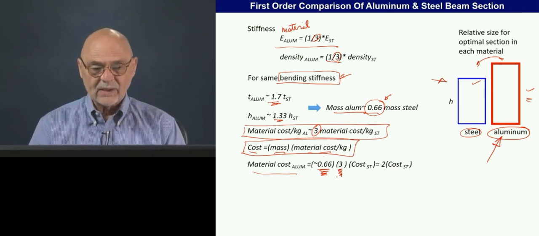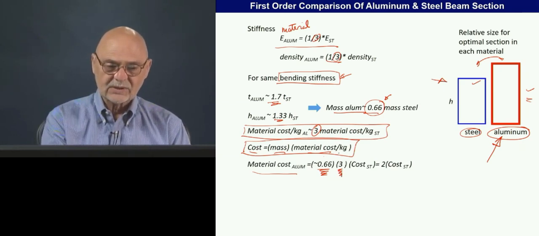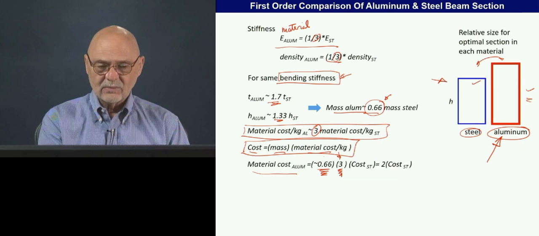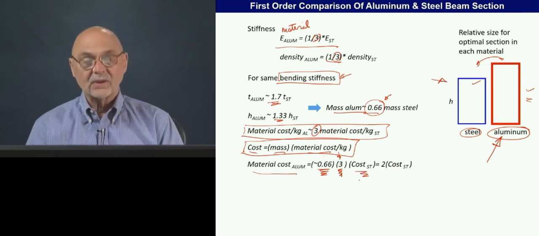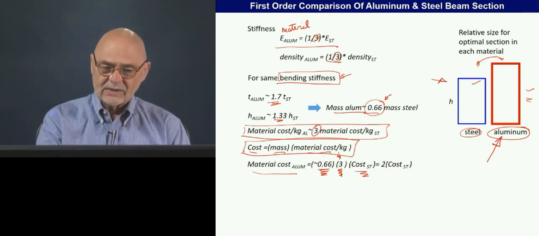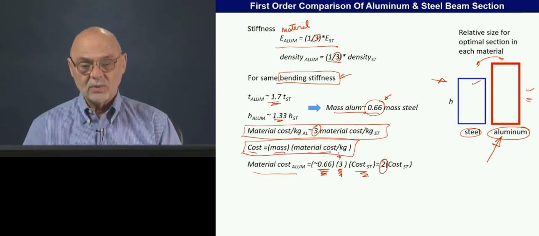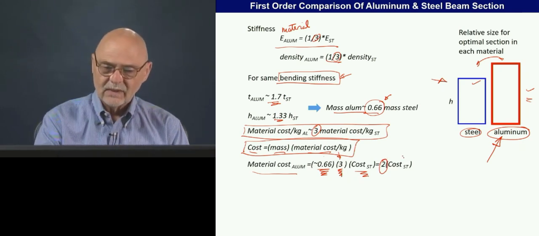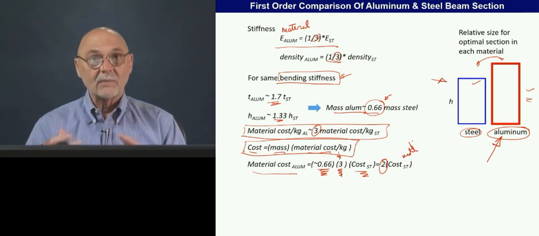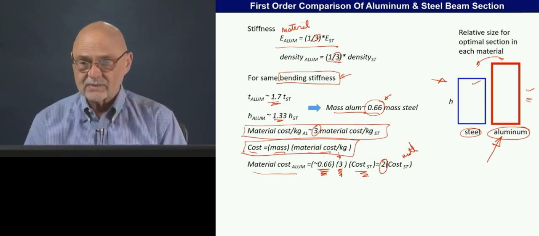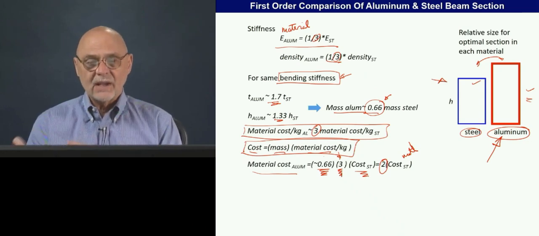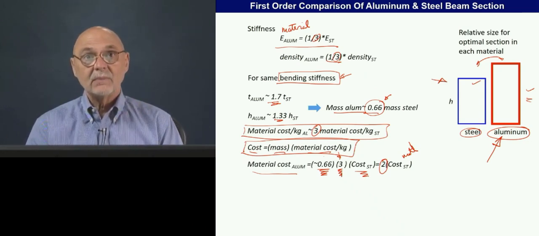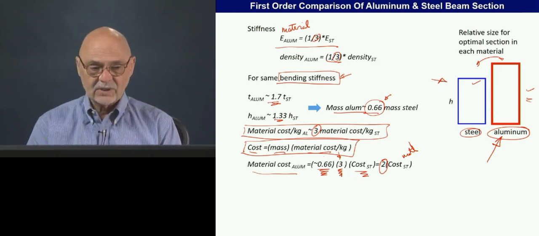We need to multiply that by 3 times the cost per kilogram, and we're looking at that as a ratio of the cost of steel. What we find is that this aluminum beam would be about 2 times the material cost. We're not talking about processing costs right now, but 2 times the material cost. So there is a penalty for using aluminum. It can be lighter, but it is also generally more expensive.